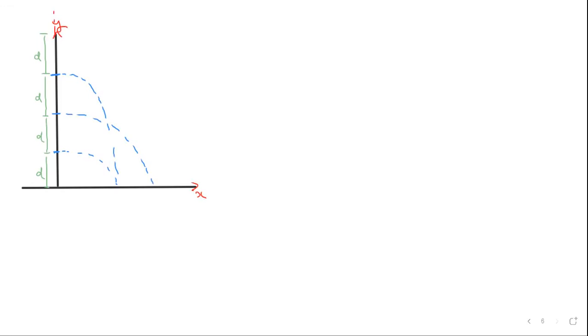You have water here on the left. You have leak 1, leak 2, leak 3. You know it's projectile motion, so part 1 and part 2 should be quite easy. So we know for projectile motion, we're assuming that x double dot equals 0 and y double dot equals negative g. Because it's a leak, we would assume that your angle of projection is 0 degrees. You're just projecting horizontally at initial velocity equals v.